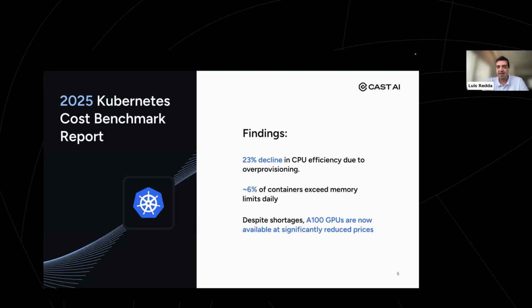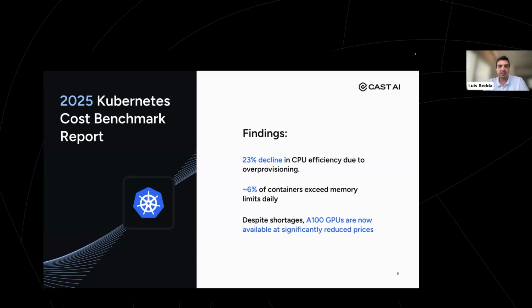Thanks. That's a great question. We do this report every year, and this year results show a 23% drop in the CPU efficiency, especially because of over provisioning. That's when people provision more CPU than really needed.